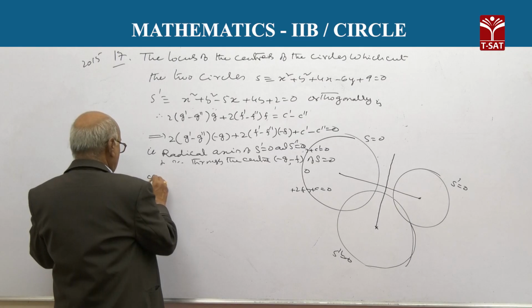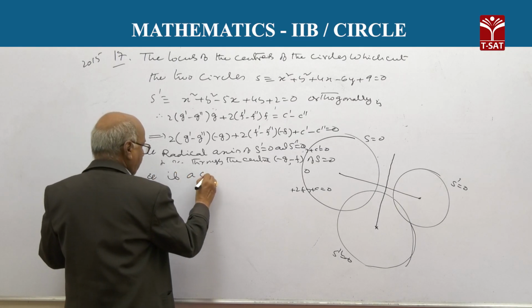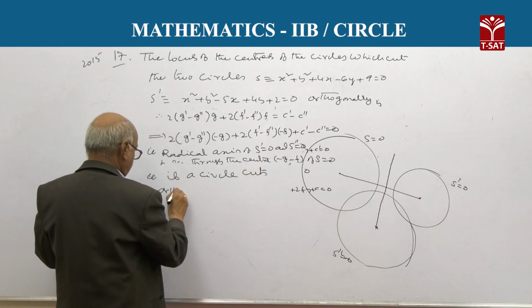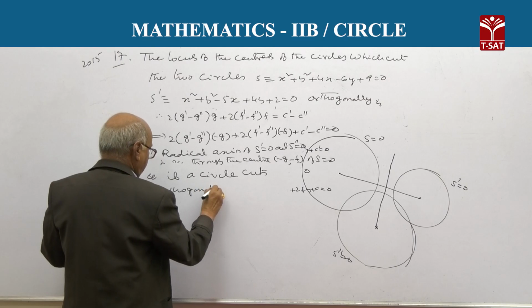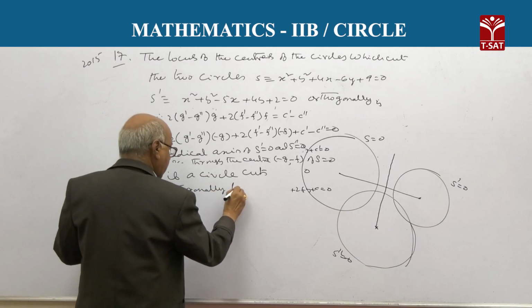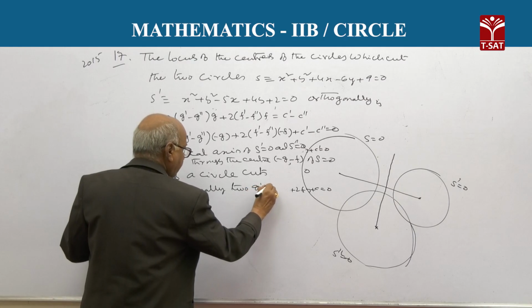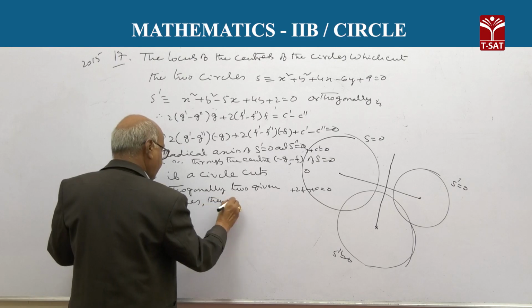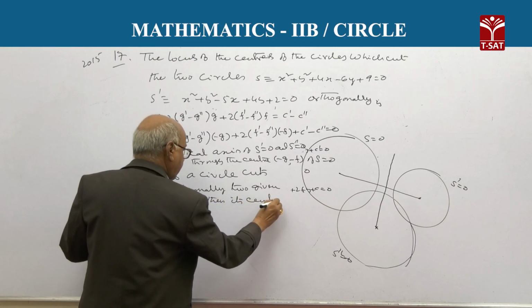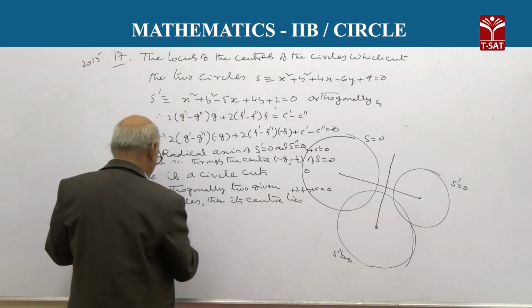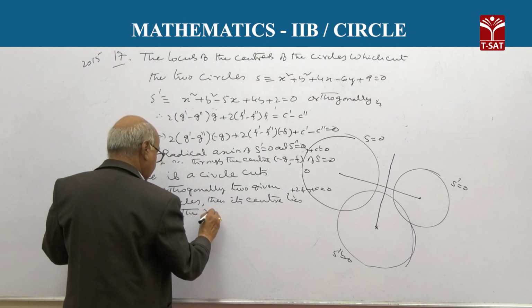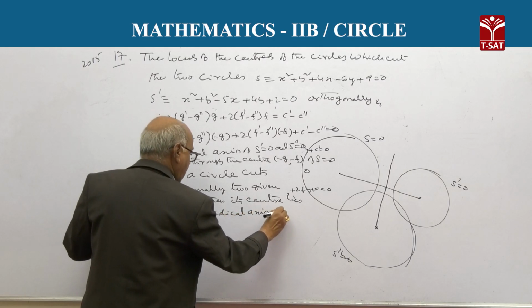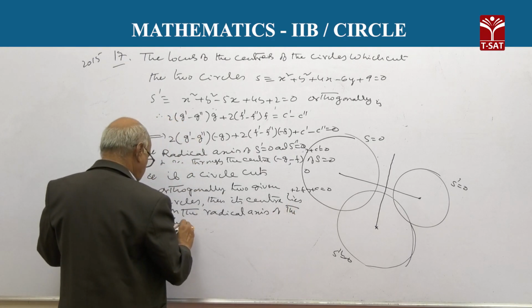So that is, if a circle cuts orthogonally two given circles, then its center lies on the radical axis of the two given circles.